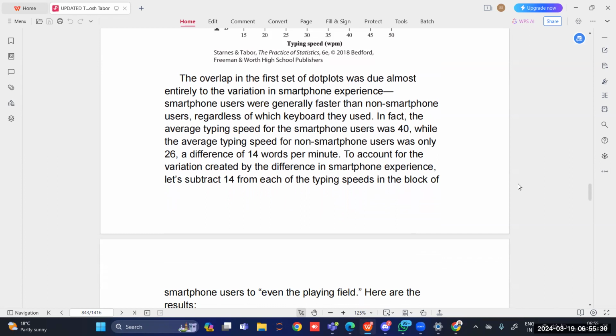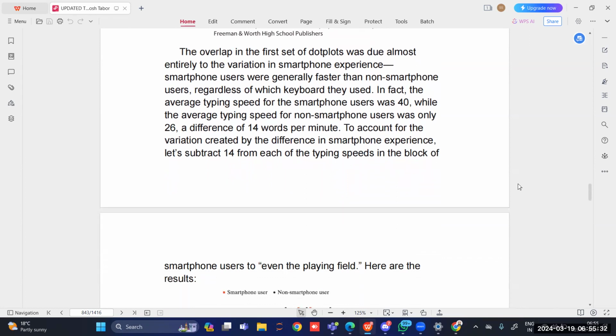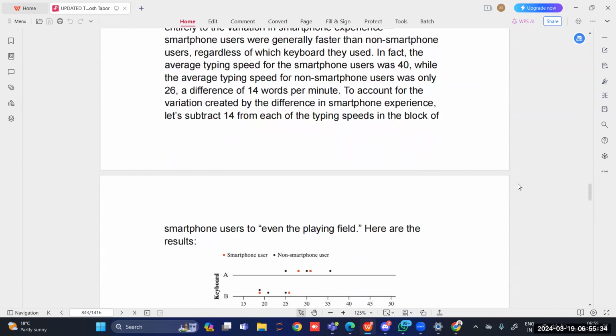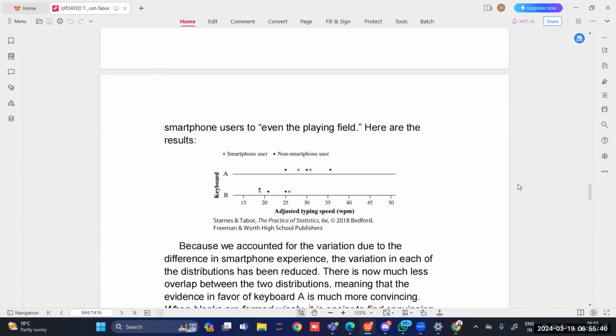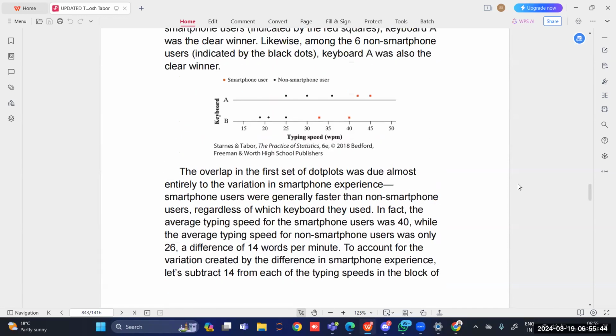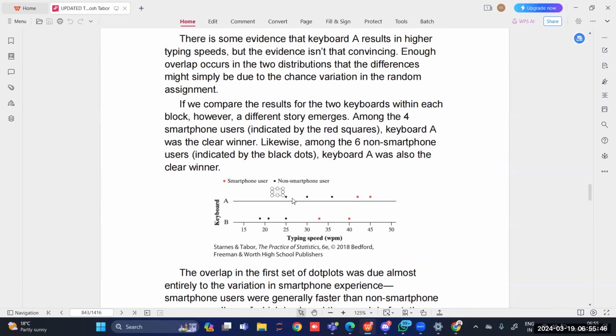To account for variation created by the difference in smartphone experience, let's subtract 14 from each of the typing speeds in the block of smartphone users to even the playing field. Here are the results. The average speed in the red one was 26, and in the blue one it was 40.